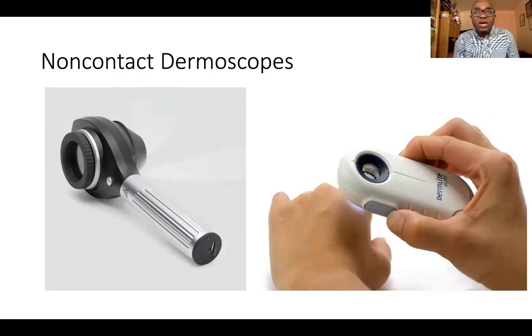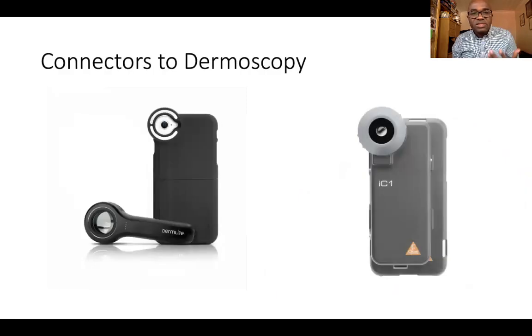That is a really important feature of dermoscopy in appreciating vasculature in the lesion, because if you touch most lesions with a dermoscope on a glass interface, you compress blood vessels, which doesn't make them really sharp. So you don't appreciate this. These are just the connectors that you can get to attach to most of the dermoscopes.